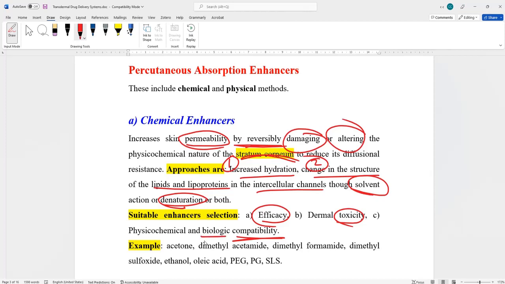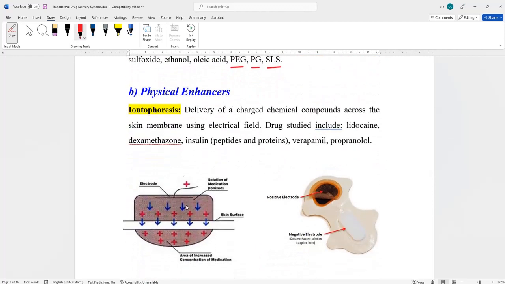It doesn't irritate the skin, for example, and it has good physicochemical properties to be incorporated with the drug. Examples we have are acetone, dimethyl acetamide, dimethyl formamide, dimethyl sulfoxide, ethanol, oleic acid, polyethylene glycol, propylene glycol, sodium lauryl sulfate. On the other hand, you have the physical enhancers.